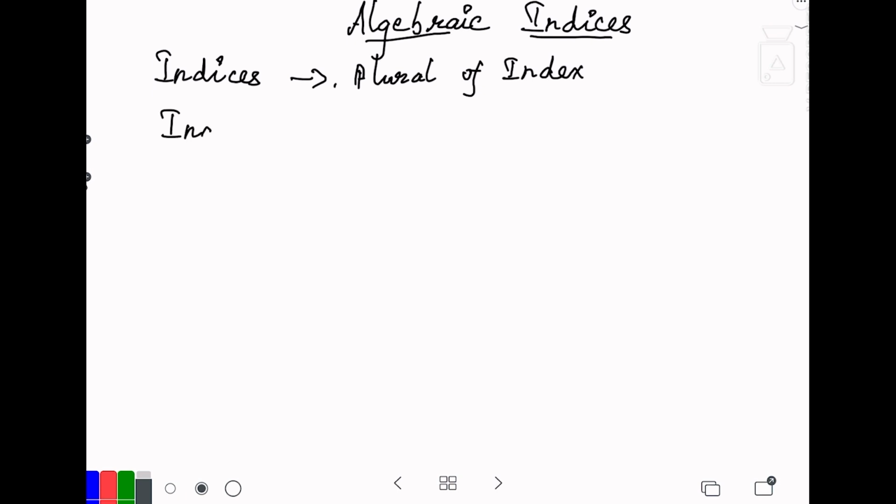Index means power, or otherwise called as exponent.